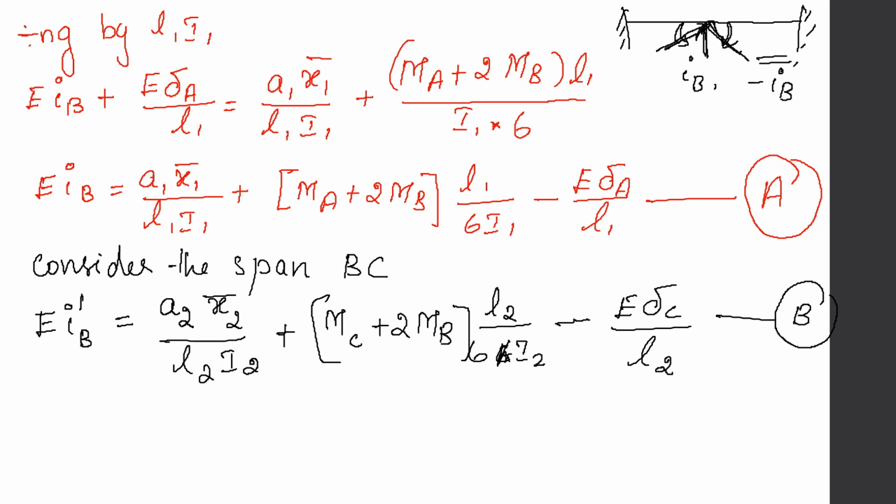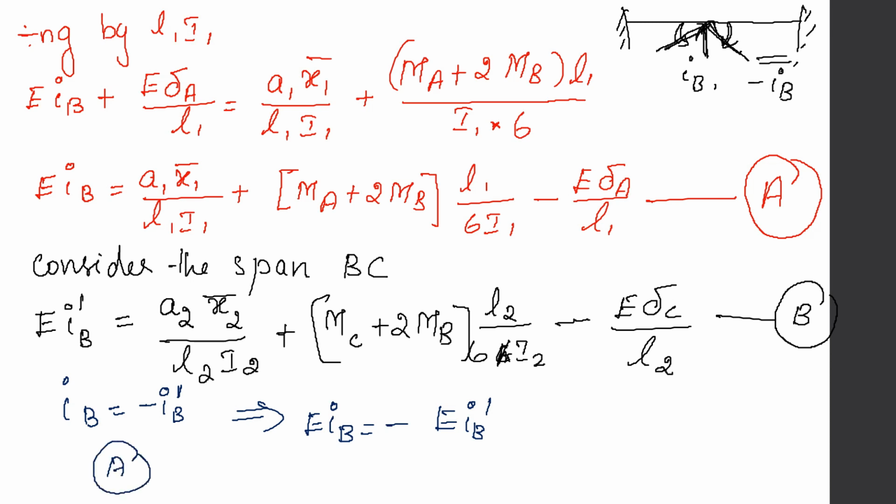Now, as I have told you, IB is equal to minus IB dash, which implies EIB is equal to minus EIB dash. So equation A is equal to minus of equation B.